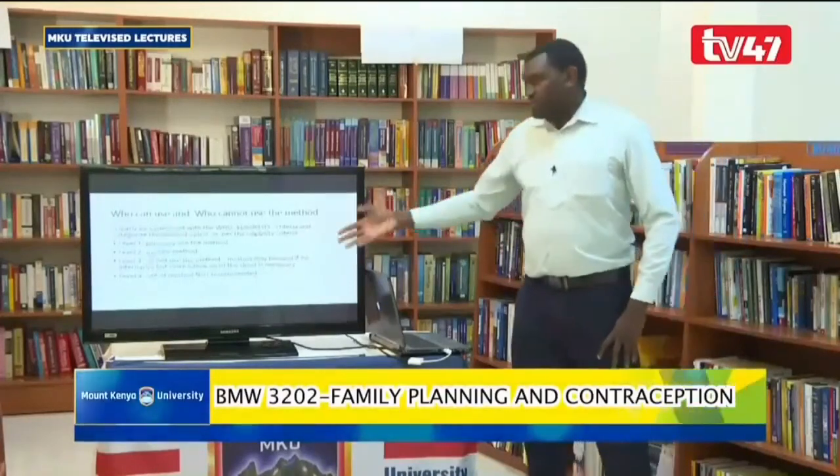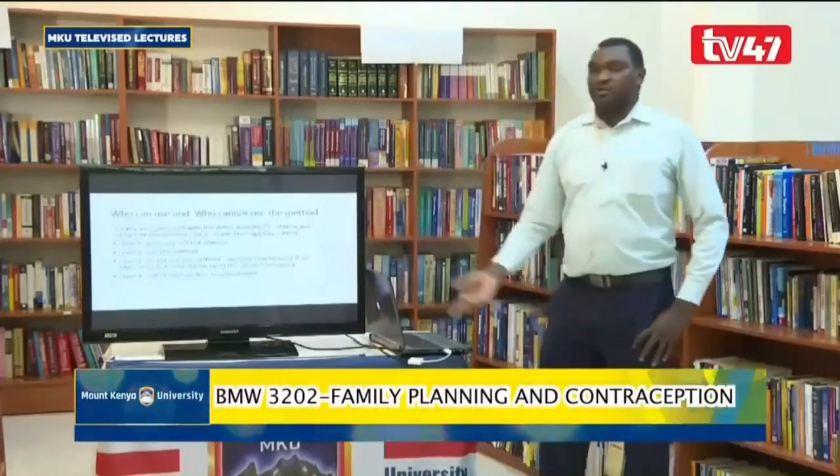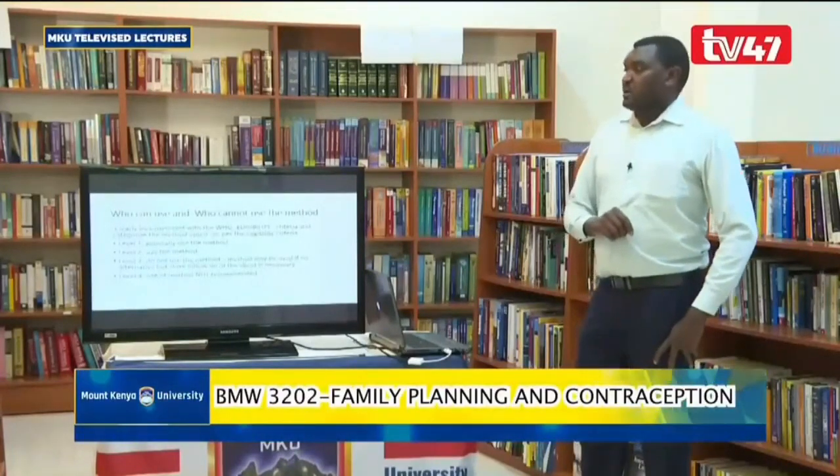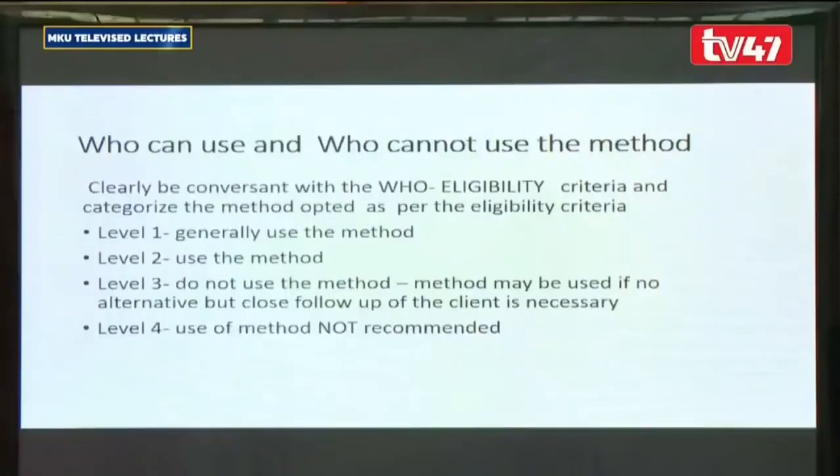So you categorize level 1, where we say generally use the method. Level 2, use the method. Level 3, do not use the method. And if you have to use the method, you can use the method if no alternative, but close follow-up of that client is necessary. And then level 4, do not use the method at all.